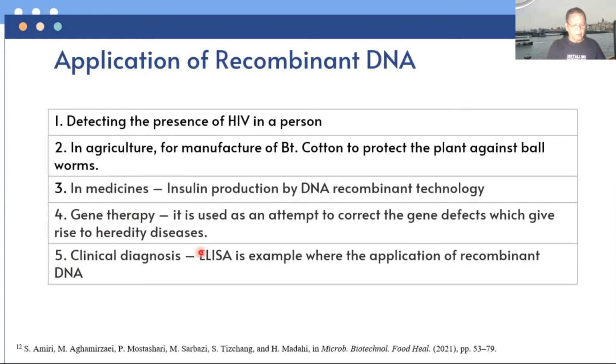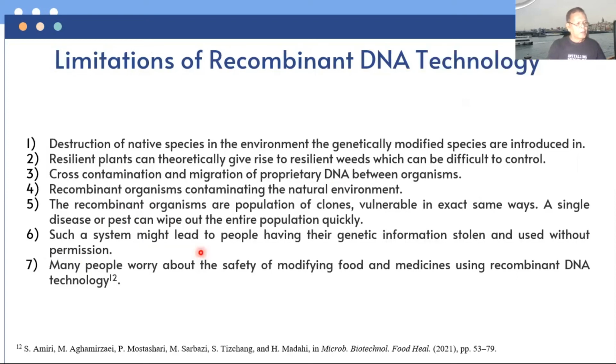Then now let's see the limitations of recombinant DNA technology. The first one is destruction of native species in the environment when genetically modified species are introduced. Second, the modified plant can theoretically give rise to resilient weeds, which can be difficult to control.